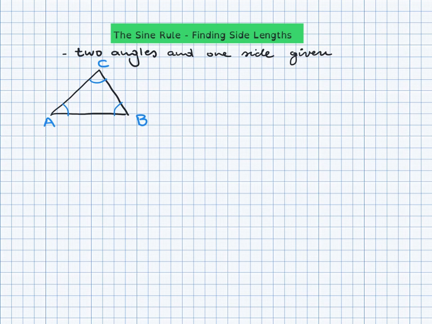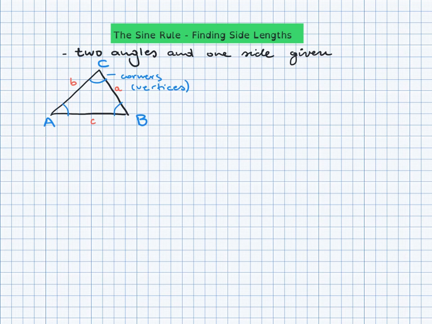Okay, corners or vertices. And the corresponding sides across the angles are labeled with small letters: small letter a across angle A, small c across C, and small b across B.